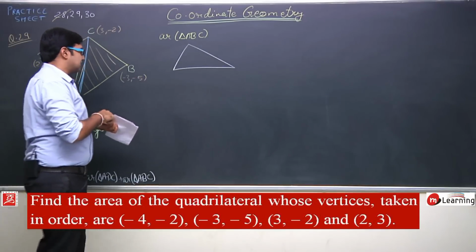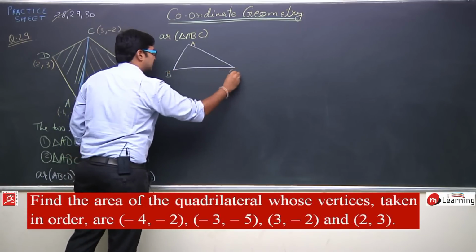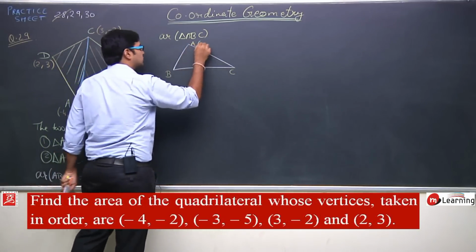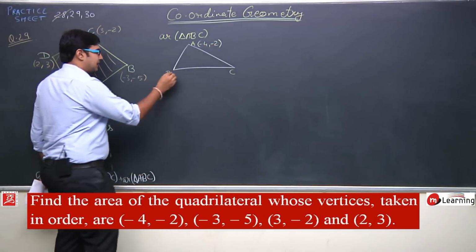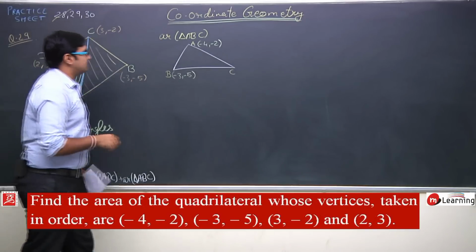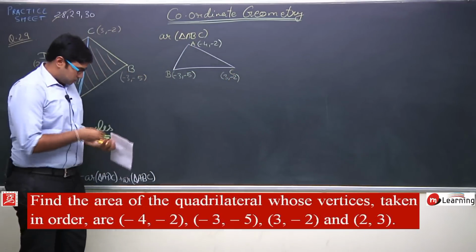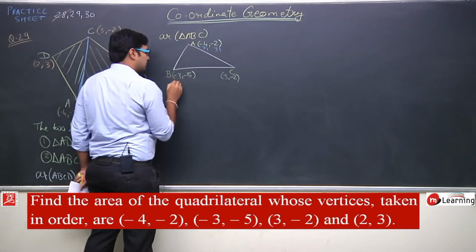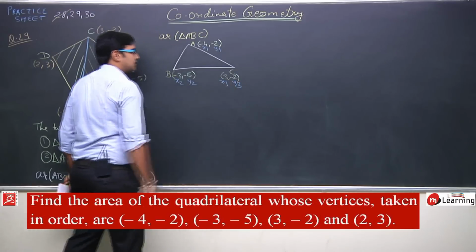So this is our A point, this is B point, and this is C point. The coordinates of point A are -4, -2. Coordinates of point B are -3, -5, and the coordinates of point C are 3, -2. So now to determine the area, let us say this is x1, y1, this is x2, y2, and this is x3, y3.